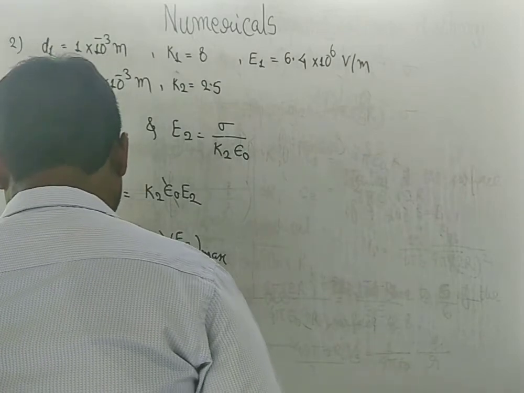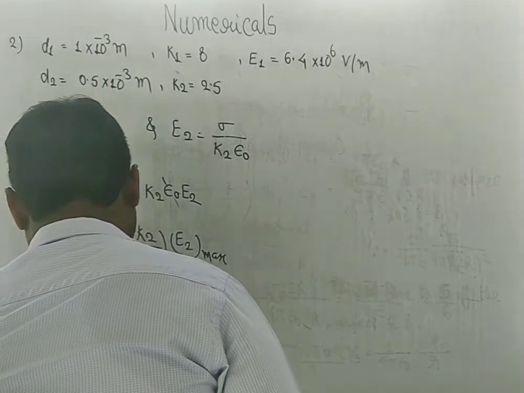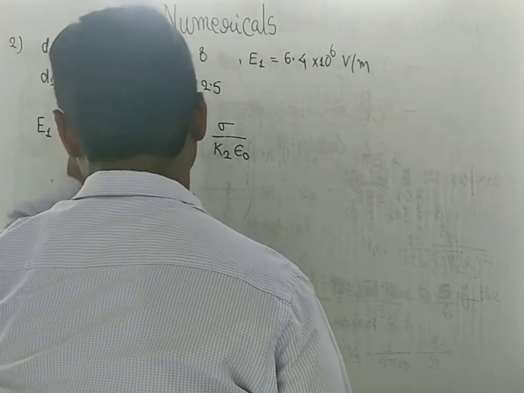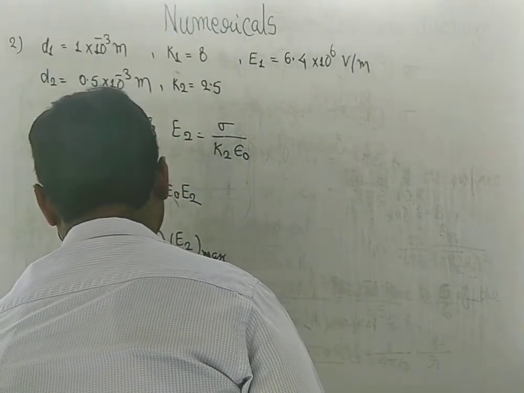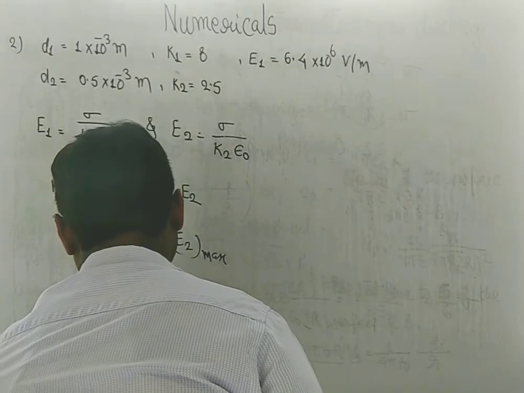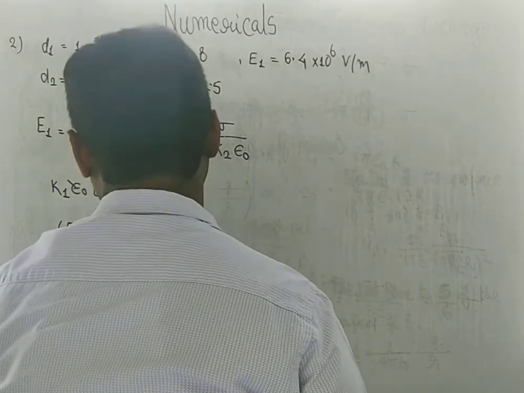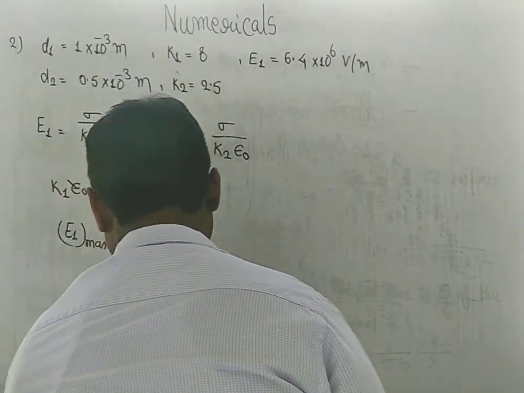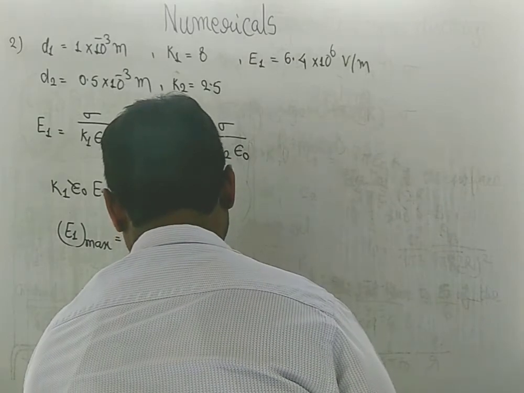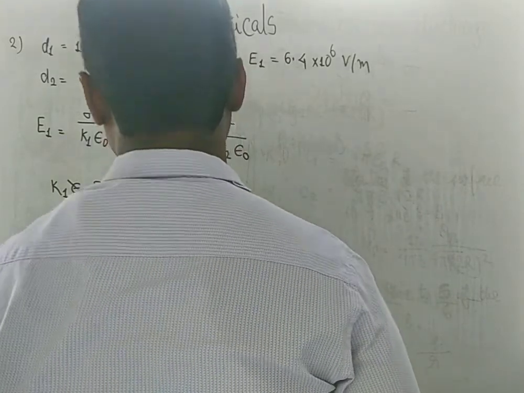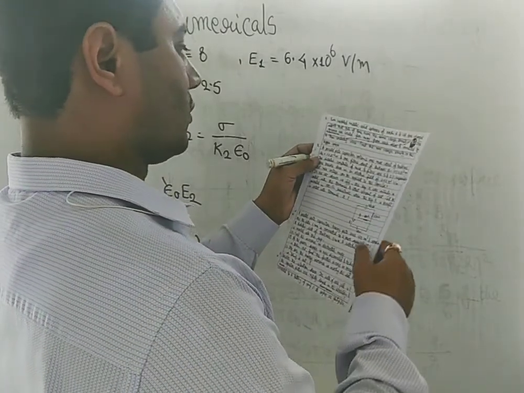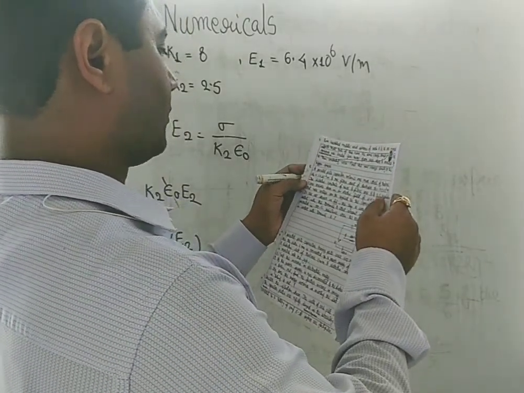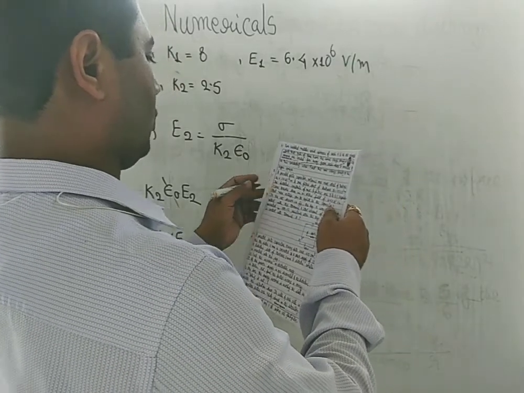Now thereafter we can just calculate it as values are given. K2 is 2.5 upon K1 is 8, and we have maximum value of this 6.4. Actually this is the breaking electric field, where the fiber breaks down.